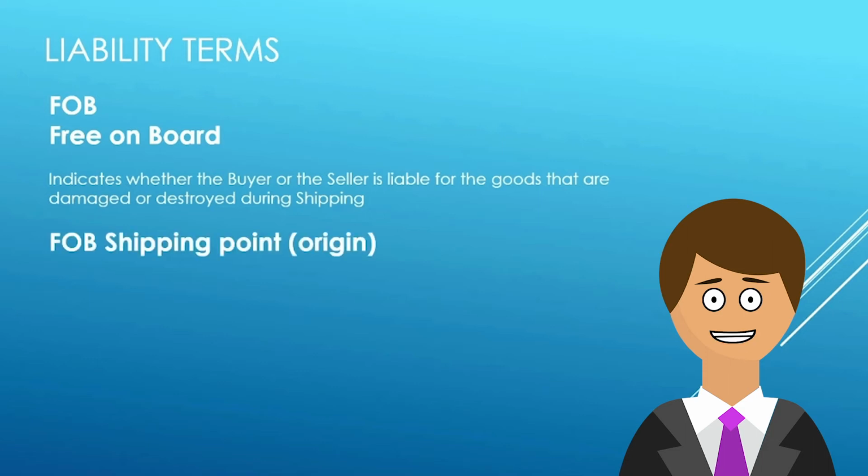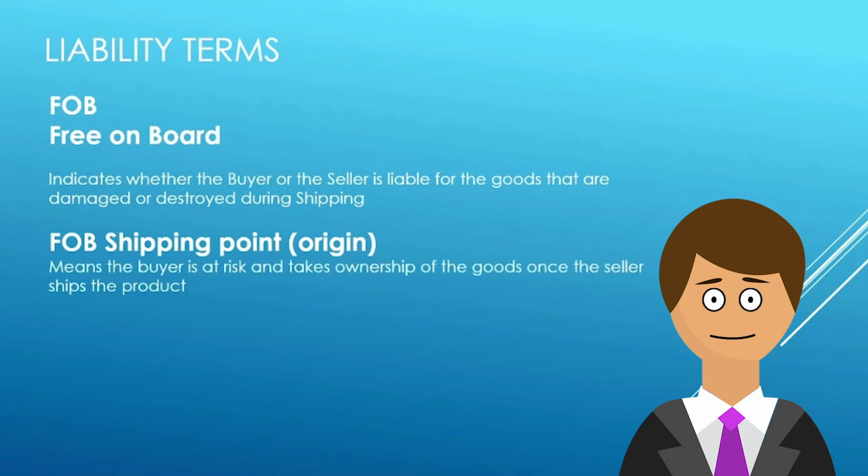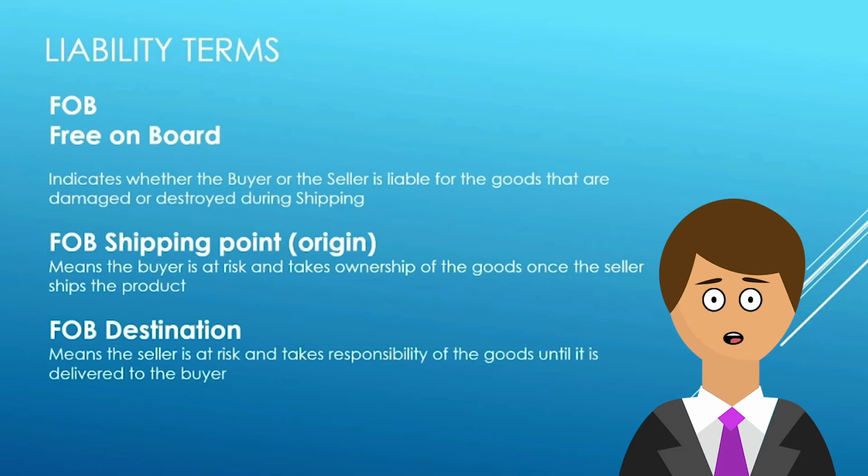So FOB shipping point, or FOB origin, means that the buyer is at risk and takes ownership of those goods as soon as they leave the seller's location, or as soon as the seller gives them to the shipper to ship to you. Whereas FOB destination means the seller is at risk and takes responsibility until you receive those goods, or until the buyer has received those goods and they've been delivered.